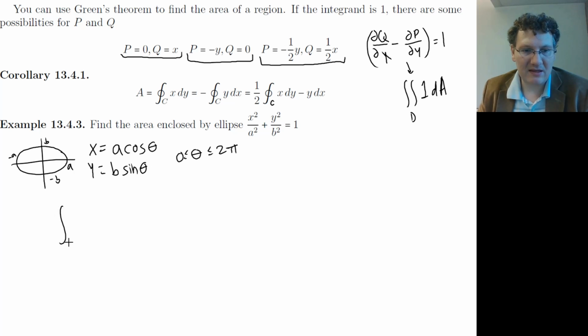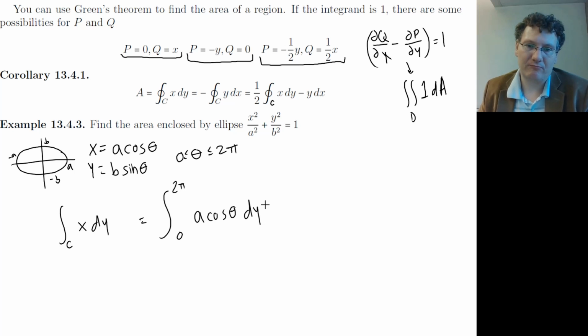Let's take the integral over C of x dy. So this is going to be from 0 to 2 pi. x is going to be a cosine theta, and what is dy?